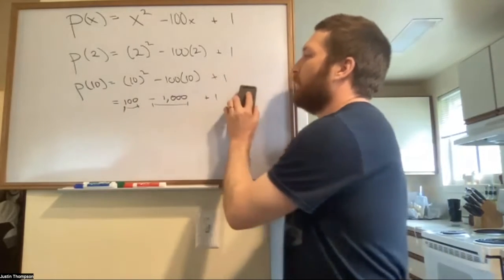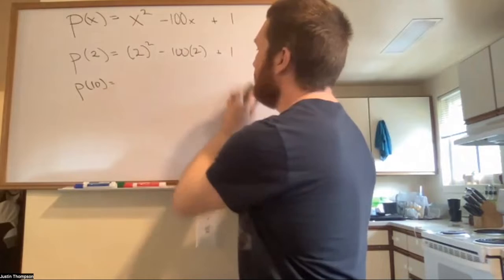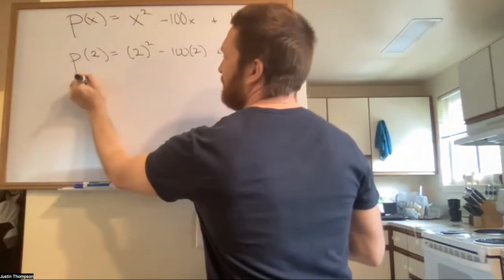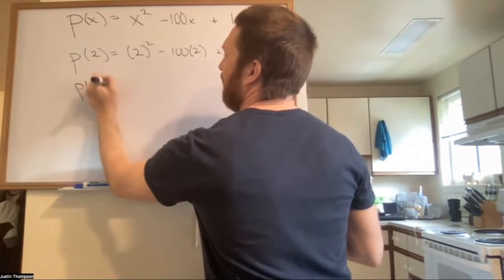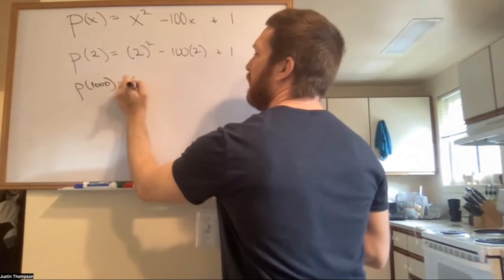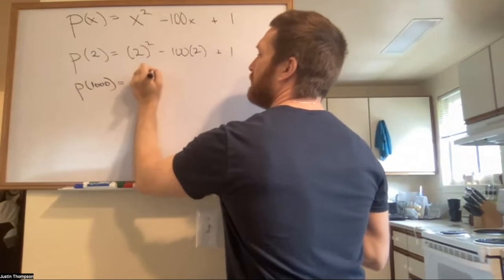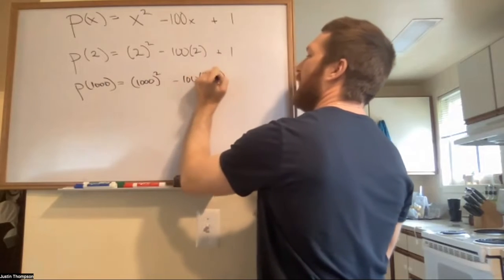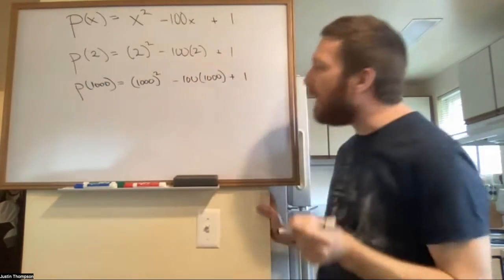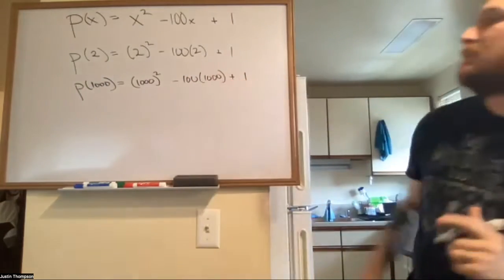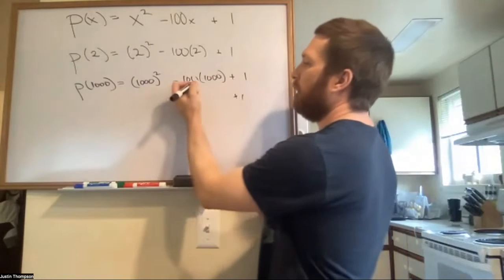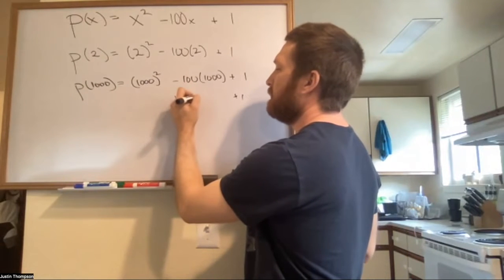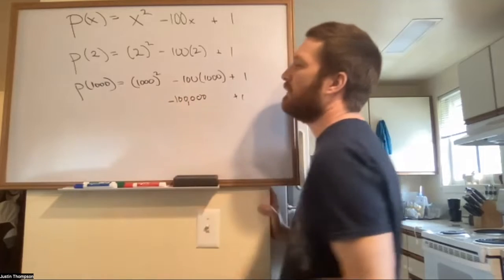But watch what happens when we throw in a much bigger number. Let's go for broke and plug in 1,000. We get 1,000 squared minus 100 times 1,000 plus 1. 100 times 1,000 throws on 2 more zeros, so that's minus 100,000.